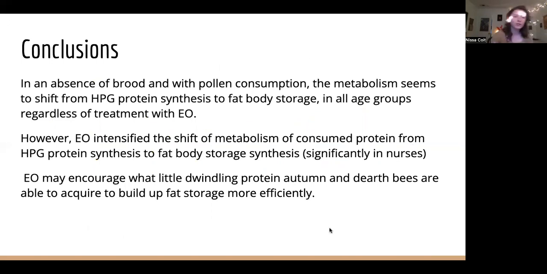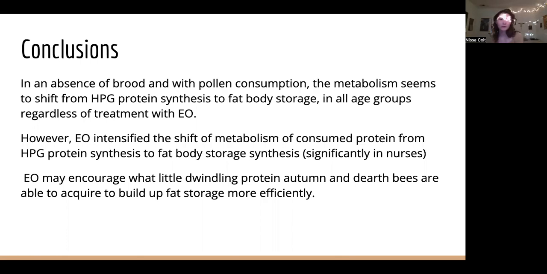So the conclusions that I have from this, I basically propose a mechanism for overwintering, which is, in the absence of brood, as pollen becomes less available in the dwindling autumn months, they are starting to eat whatever they have, and as it dwindles, they sort of cease brood rearing because pollen is necessary to rear brood.